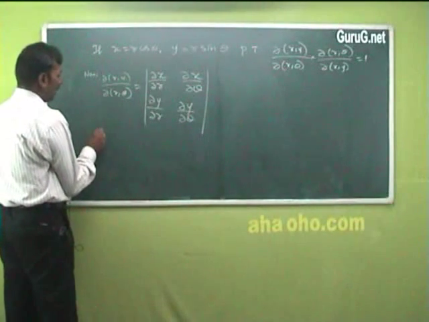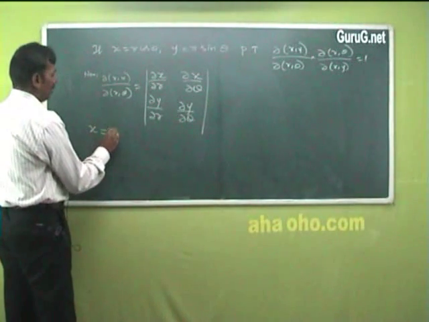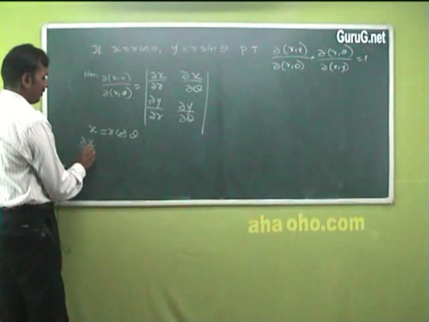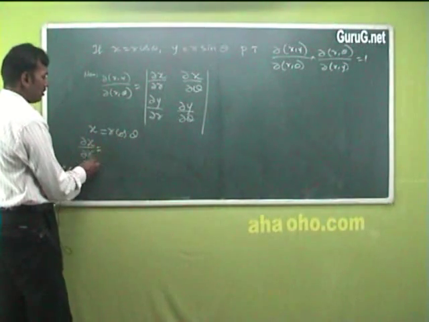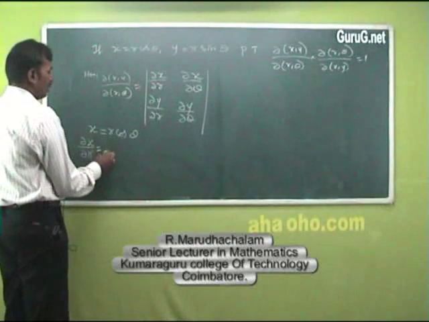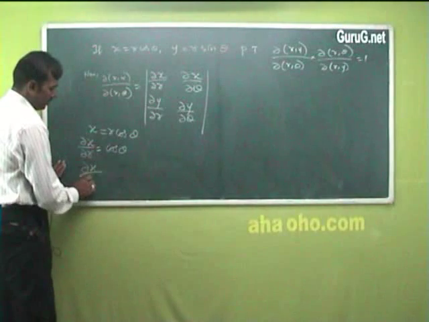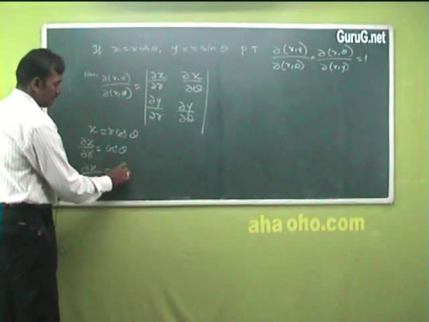X and y are known, right? So x equals r cos θ. What is ∂x/∂r? Differentiate partially with respect to r, keeping θ as constant. So this is equal to cos θ. Then ∂x/∂θ is minus r sin θ.